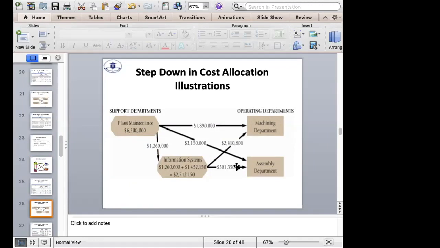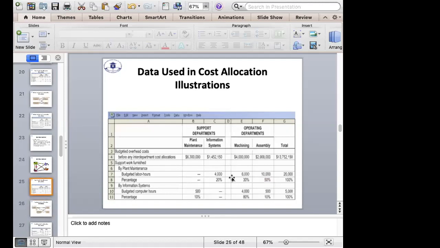But remember, your cost of information system is 1452150. So when you take service from another service department, your cost will increase by the number that you are getting through taking services.